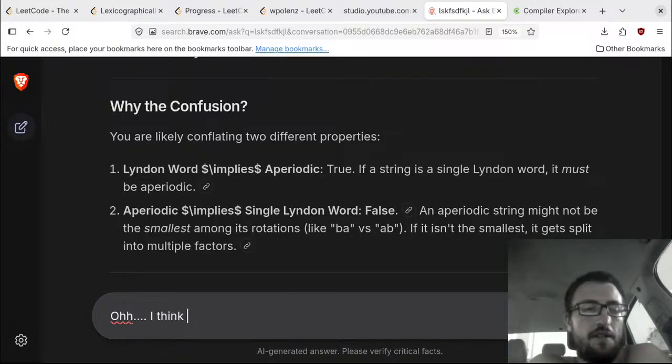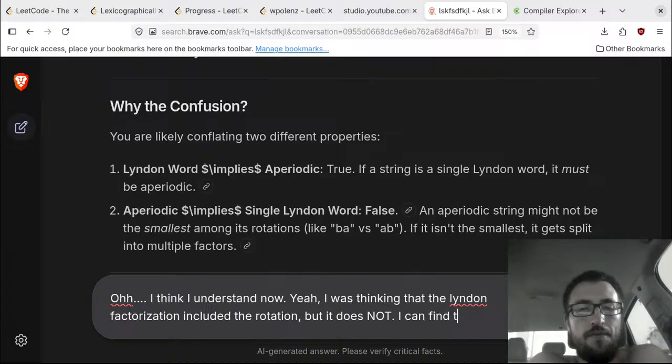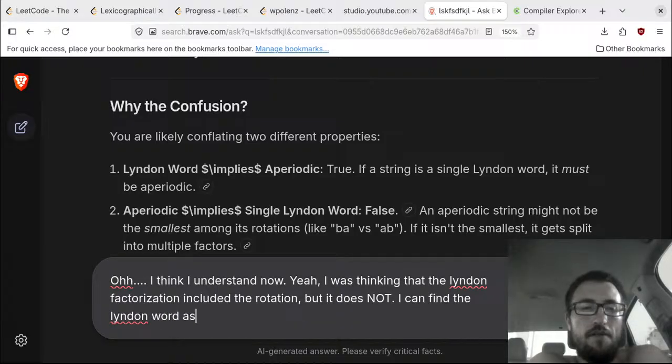I think I understand. Yeah, I was thinking Lyndon factorization included the rotation, but it does not. Find the Lyndon word associated with that string by using factorization.